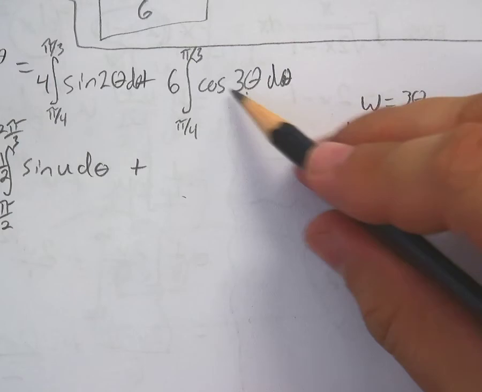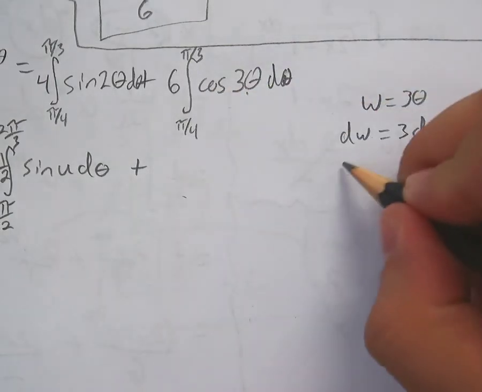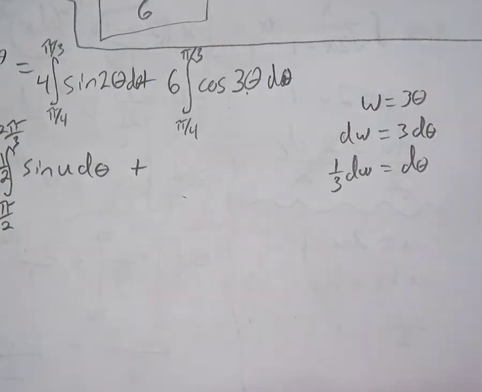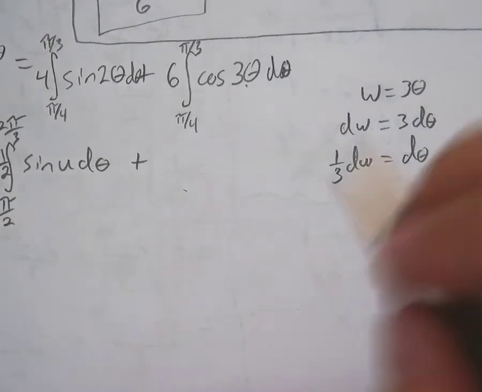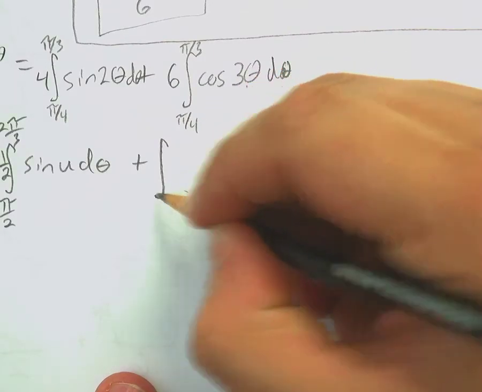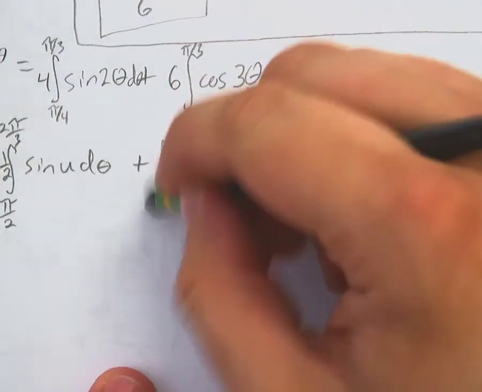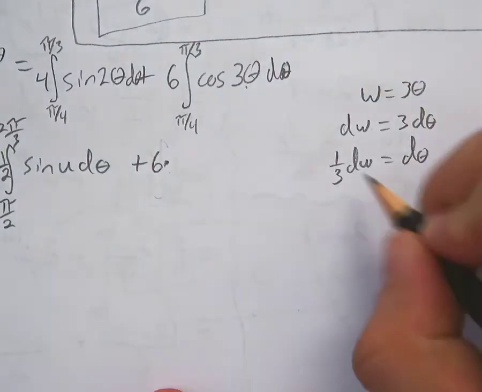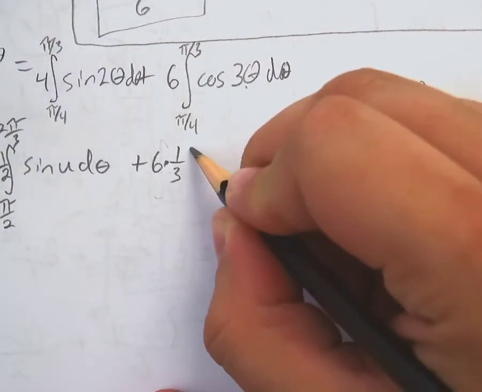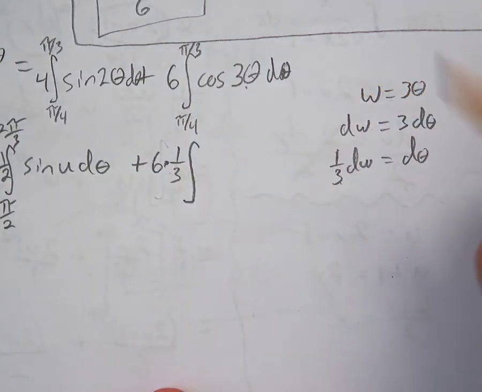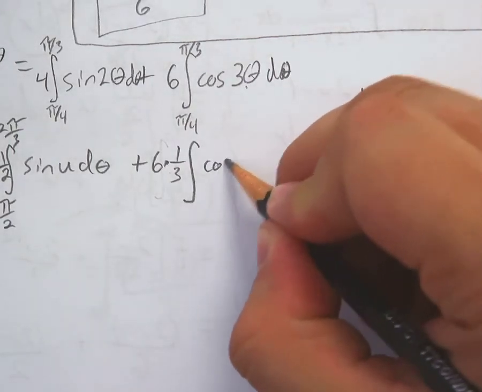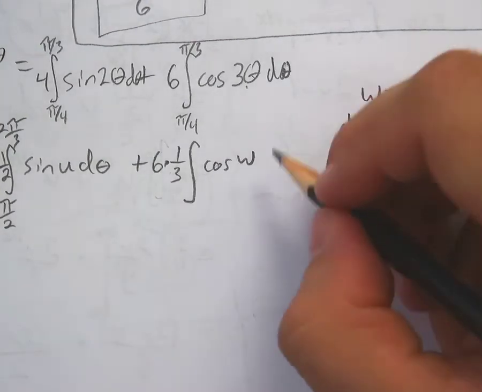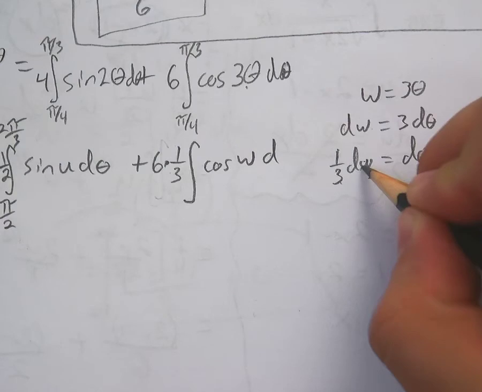And compensate because you don't have a 3 outside of cosine, so 1/3 dw equals d theta. So this is going to be the integral. Oh, and I keep not leaving enough room for some reason. I've got 6 times my 1/3 times the integral of cosine of w d theta, or dw, excuse me.